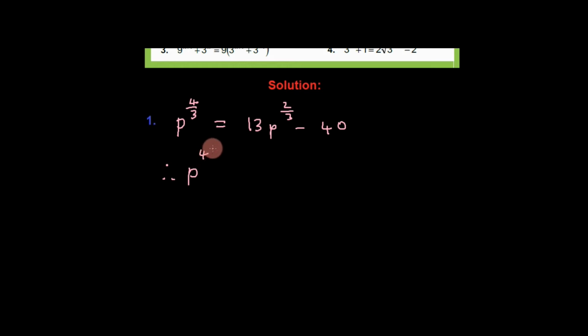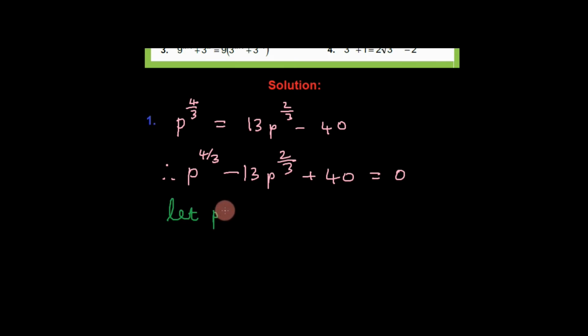So it's p to the 4 over 3 minus 13p to the 2/3 plus 40 equals 0. This is clearly a trinomial type because the power of the first term is twice that of the second term. So we can go straight to k substitution.